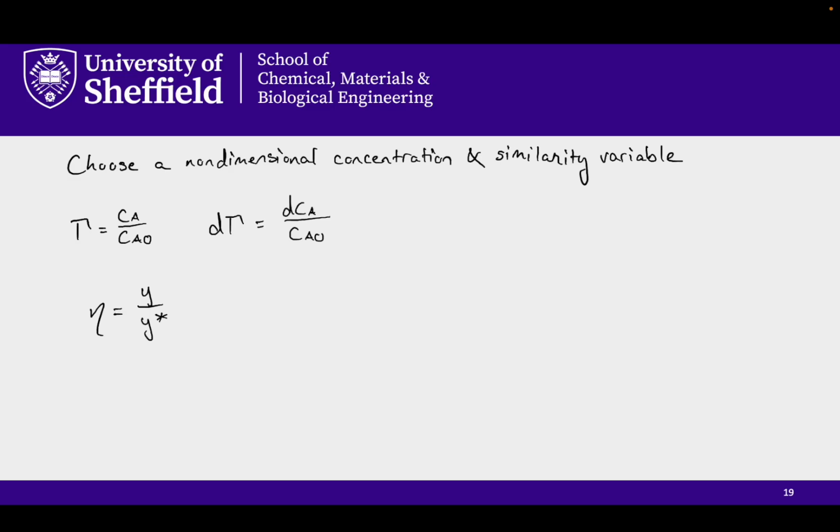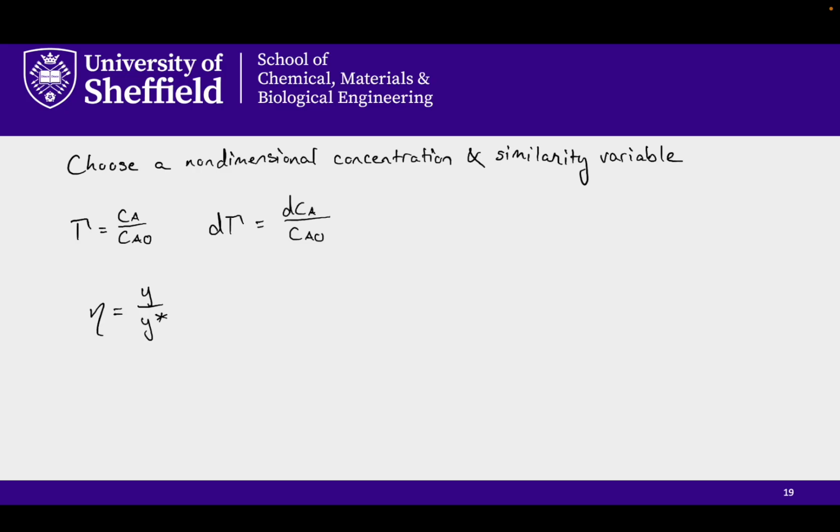More challenging is to define the similarity variable eta, and we choose the second order derivative variable, which is y, and we're going to define eta as y over y star, where y star is some characteristic value of that length. This is a little bit trickier, so we need to derive an expression for y star that involves z and also has the units of length.